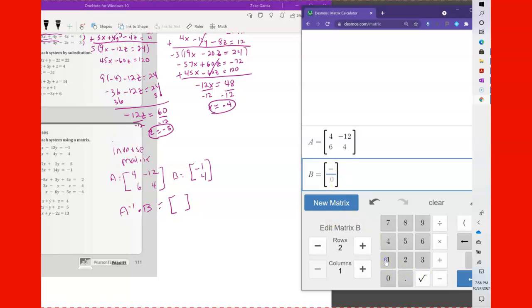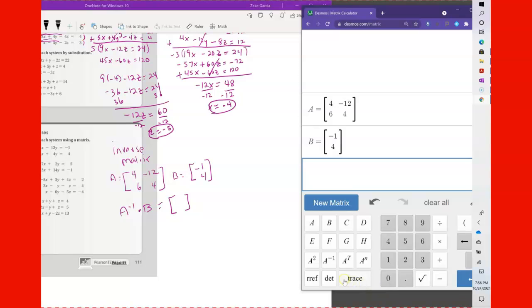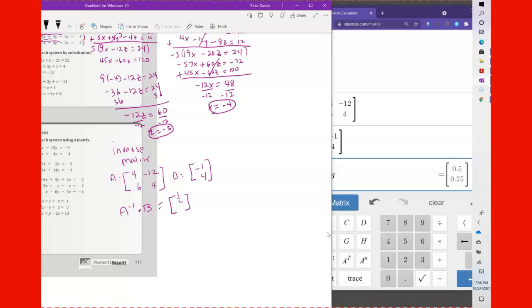So you have negative 1 and 4, and then you press enter. And then you want to go ahead and type in matrix A, the inverse matrix times B. And there is your answer, which is 0.5, which is a fraction, 1/2 and 1/4. So X equals 1/2 and Y equals 1/4.